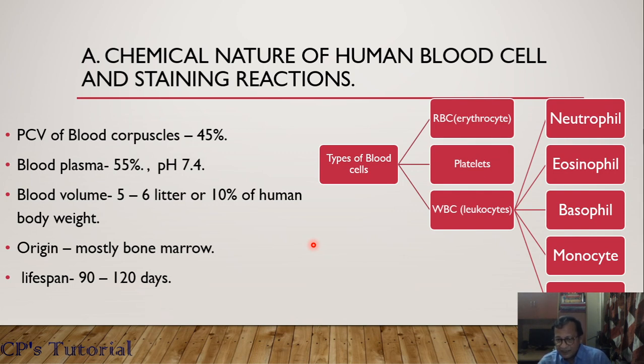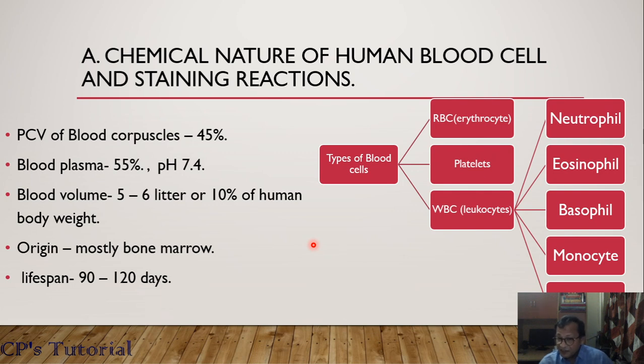One, the nucleus, second, the granules, and third, the most important, the chemical reactions of the cytoplasm. Nucleus may be present or may not. It is not present in RBC and platelets, but present in WBC.